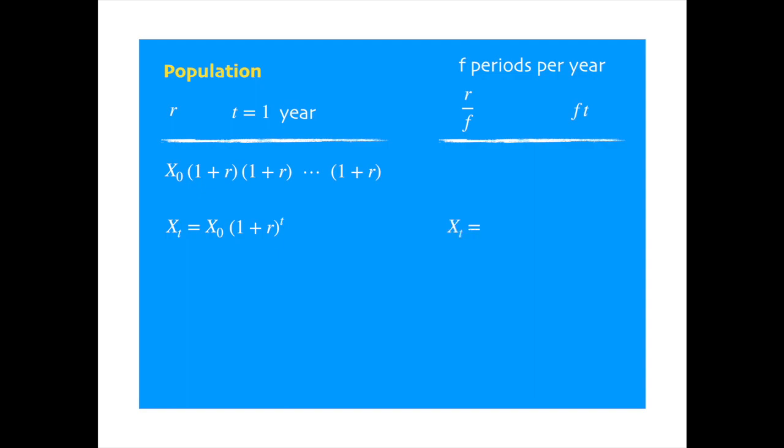So in comparison to the previous formula, you are replacing r by r divided by f and t by f times t. For example, if the compounding is quarterly, then the per quarter growth rate will be r divided by 4, and the number of quarters in t years will be 4 times t. So the population after t years will be given by this formula.